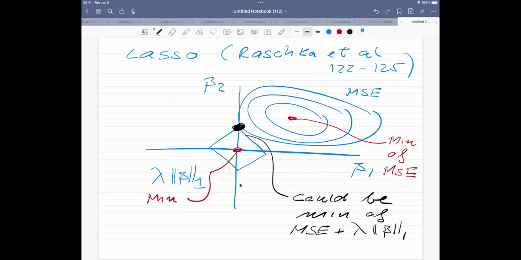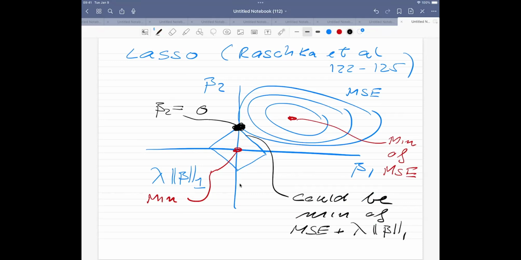And that means that in this specific case, which I put up here, beta 2 is equal to 0. So with the Lasso, we have actually driven one of the parameters to 0. In this specific case, where these curves intersect, beta 2 is equal to 0.